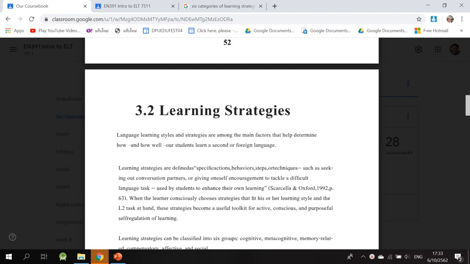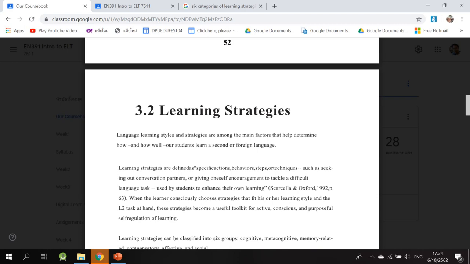You are using what we call cognitive strategies. Some of you may prefer chatting, going to the party and learning by talking to people. You are actually using what Rebecca Oxford called the social strategy.